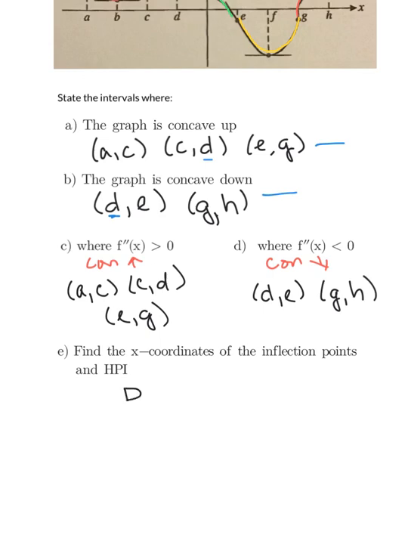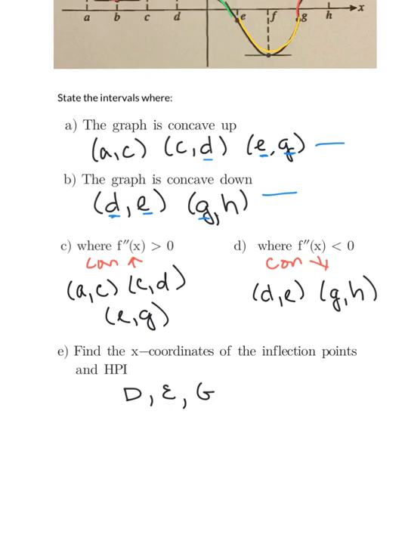So D has to be one of the letters where we have an inflection point. At E, we were concave down, and then we started going concave up. So E is also an inflection point. And then the other place is G. We were concave up and then began going concave down. So G is the third inflection point.